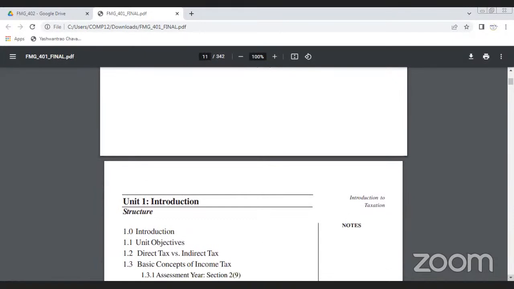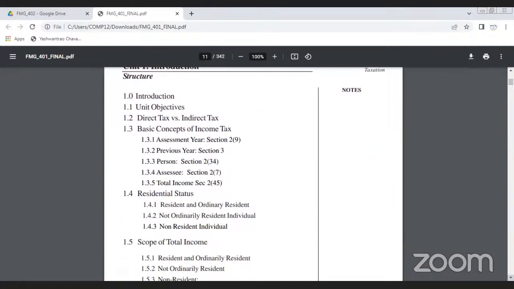So first we have to start this taxation introduction. In introduction of taxation, there are two parts. One is direct and second is indirect. The basic concept of income tax: assessment year, previous year, person, assessee, total income.